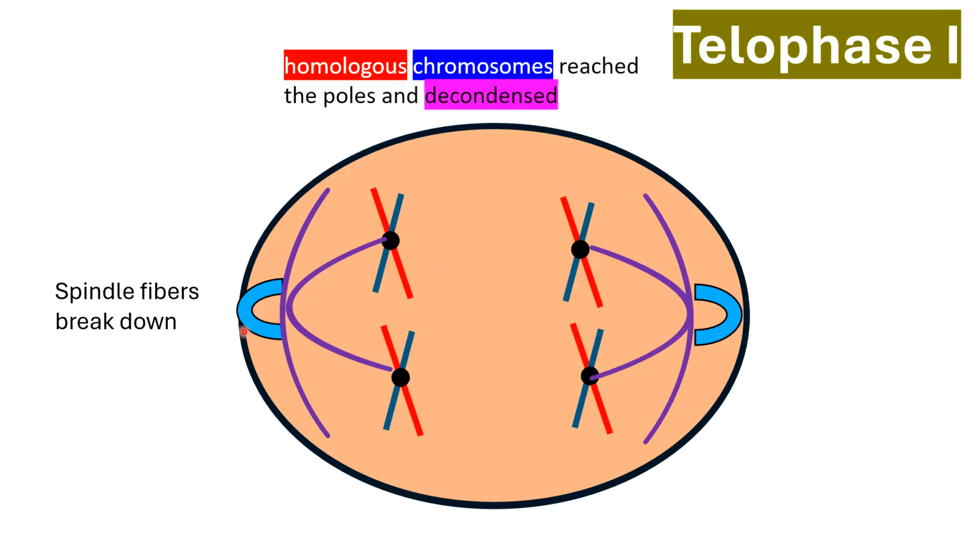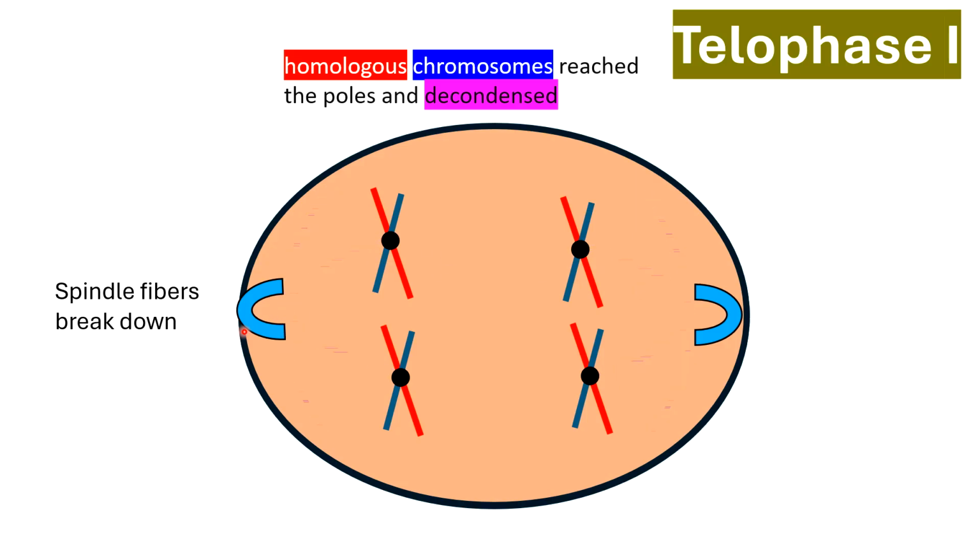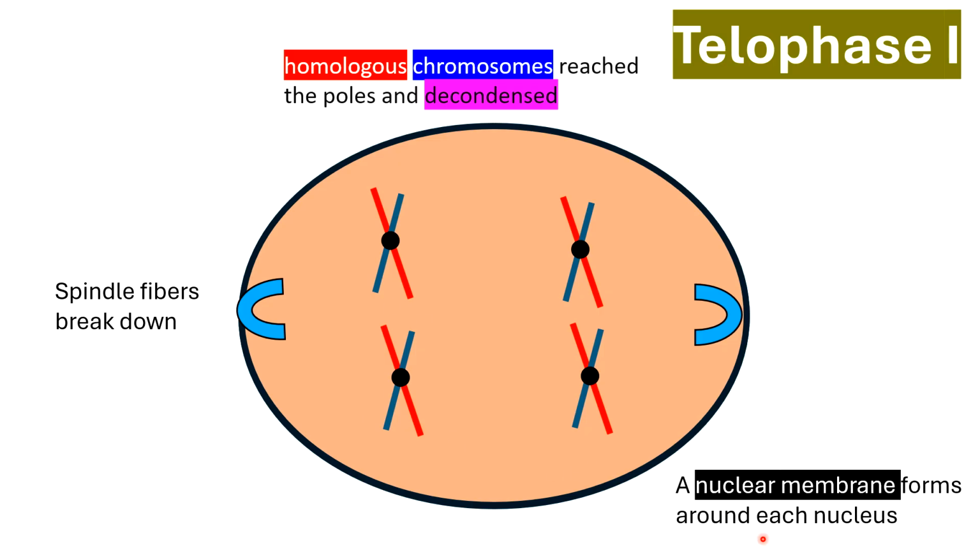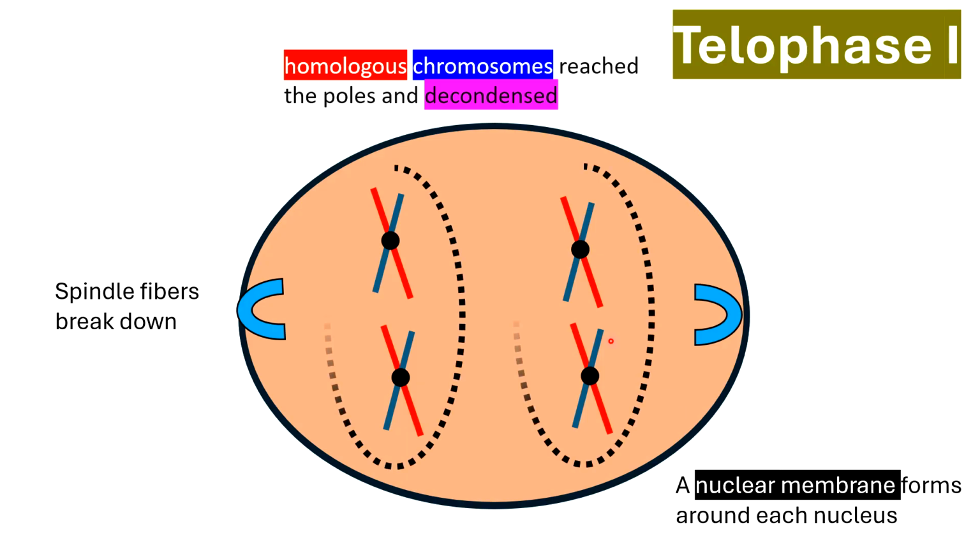Now, these spindle fibers are going to break down, and a nuclear membrane that disintegrated in prophase 1 is going to form again around each nucleus of the new two cells we're going to have in the division.